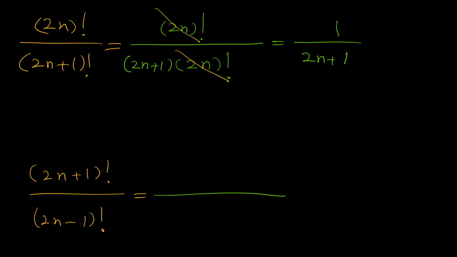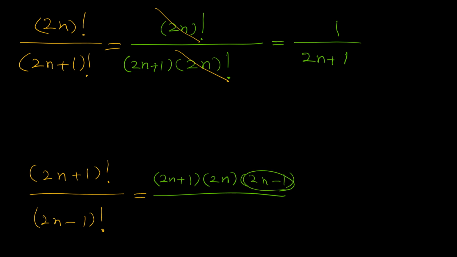Look at the next example. The numerator is bigger. 2n plus 1 factorial is 2n plus 1. Then we have 2n. Should we stop? No, because the denominator is smaller. We continue decreasing inside the bracket. 2n plus 1, 2n. The next would be 2n minus 1.